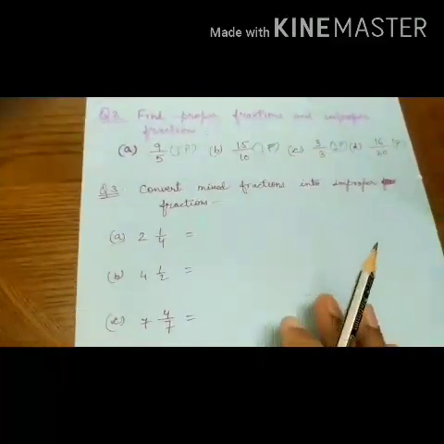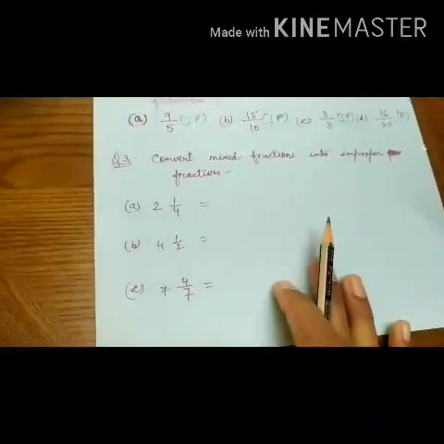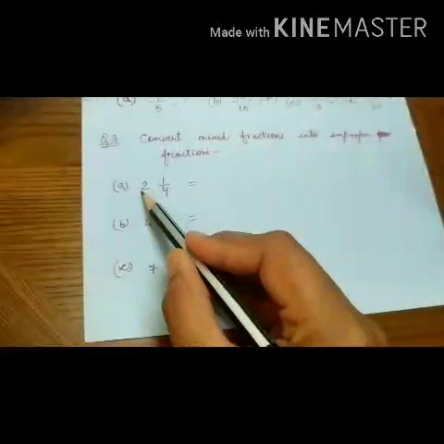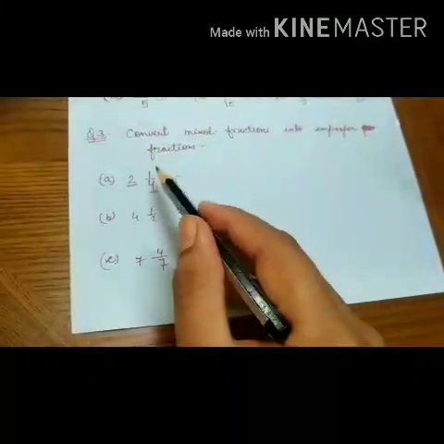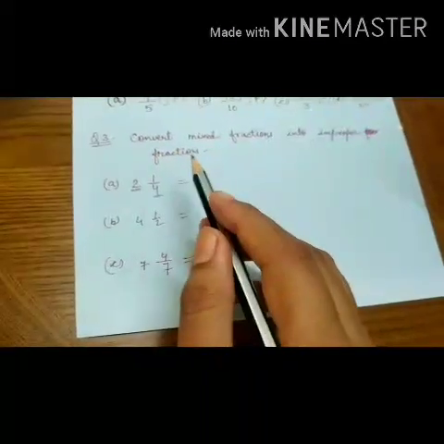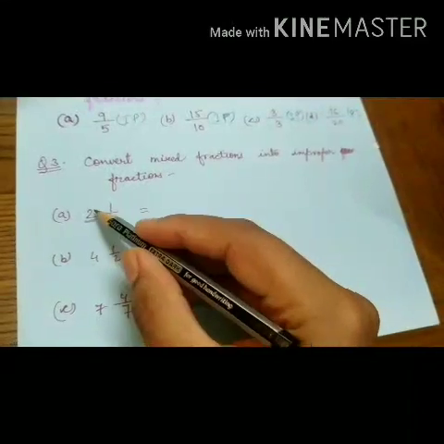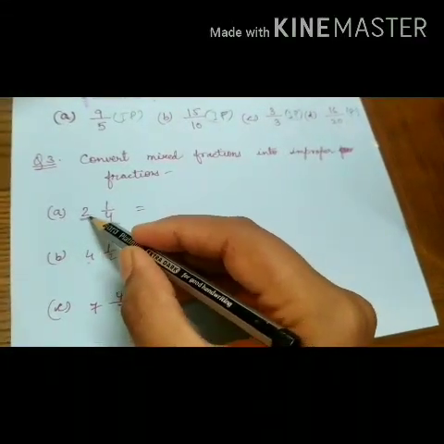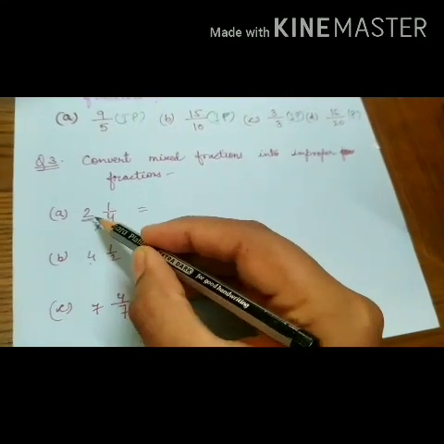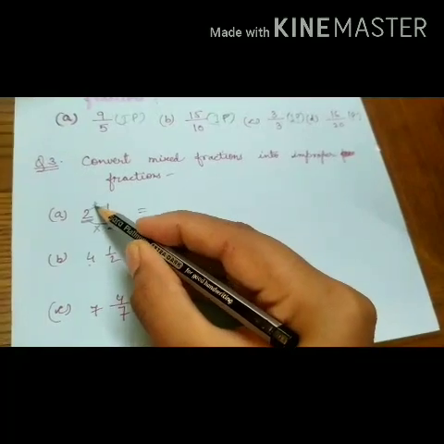Now here convert mixed fraction into improper fraction. It is very easy. I have told you that it is the whole and a proper fraction, and when we convert it into normal fraction, it becomes improper fraction. So see, when you have this 2 1 by 4, what we do, we multiply these numbers and whatever is the product is added to the numerator.